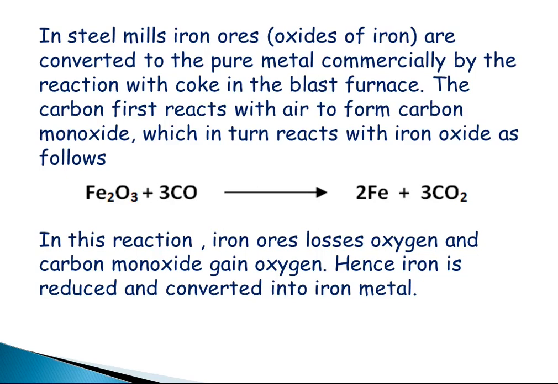So, iron ores are reacted with carbon in a blast furnace. The carbon first reacts with air to form carbon monoxide, that is CO, which in turn reacts with iron oxide as follows.